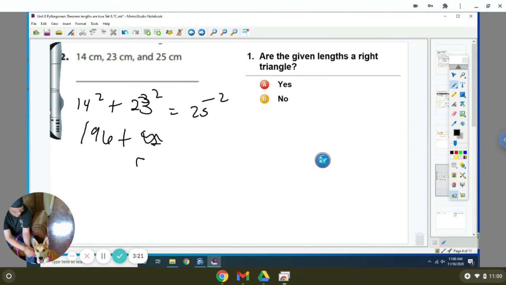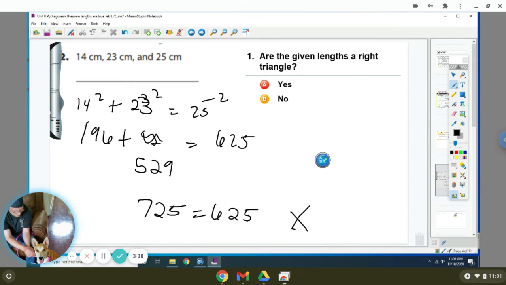Ooh, sorry, y'all. And then 25 squared is 625. So you're going to do 196 plus 529, which is 725. So this is not a right triangle.